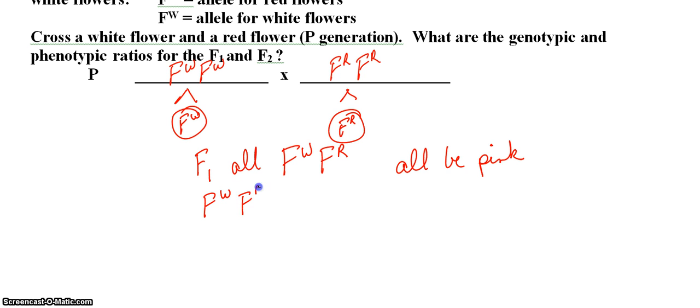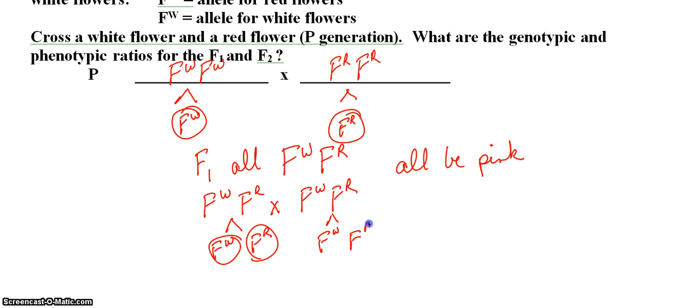To do my F2, I'm going to cross FW, FR, cross with FW, FR. FW sex cells, or FR sex cells for both of these parents. And for that one, I do want to do a Punnett square.